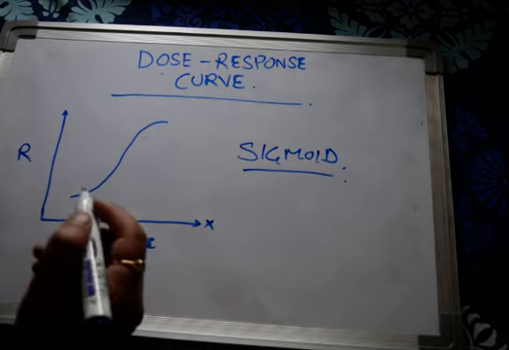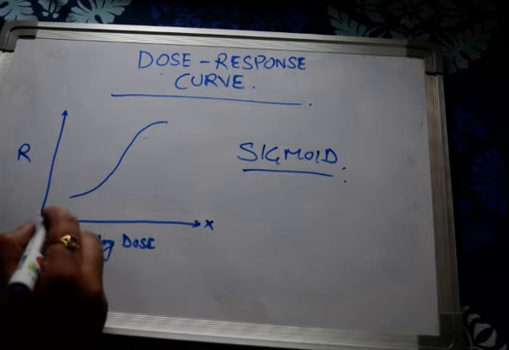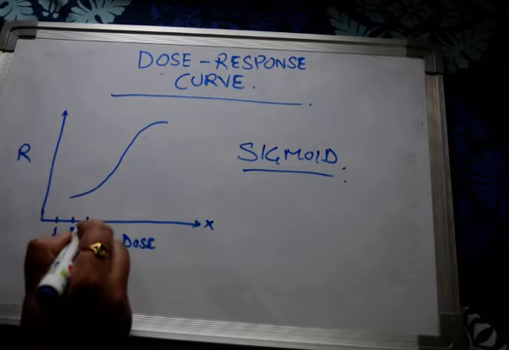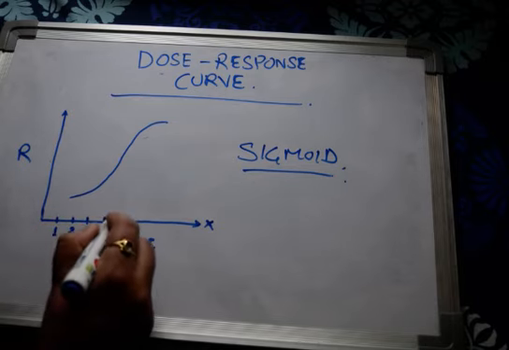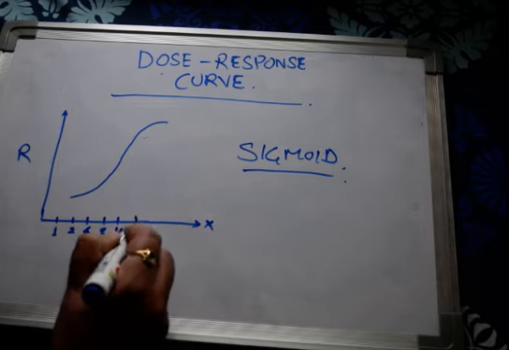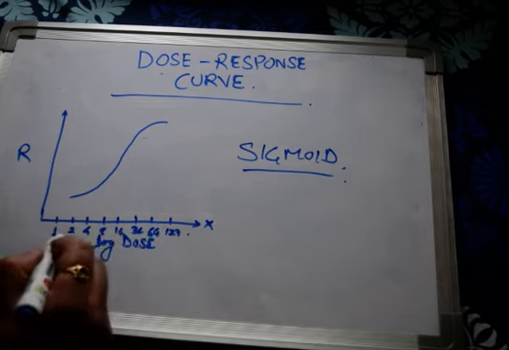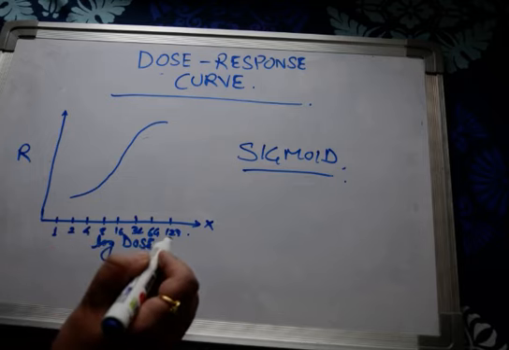If I am giving the doses like 1, then doubling it, 2, then 4, 8, 16, 32, you can see that I have reached 128 in just 7 or 8 readings.